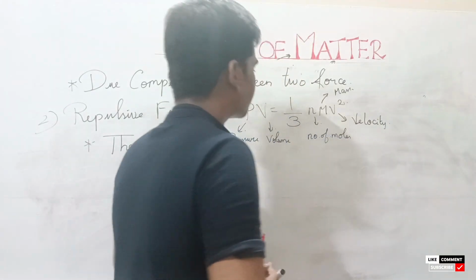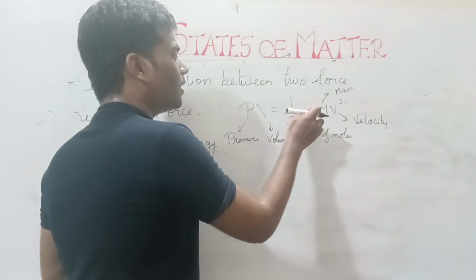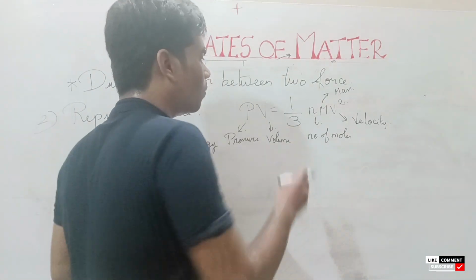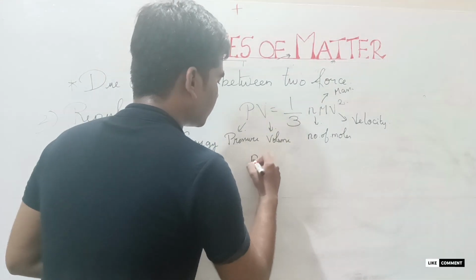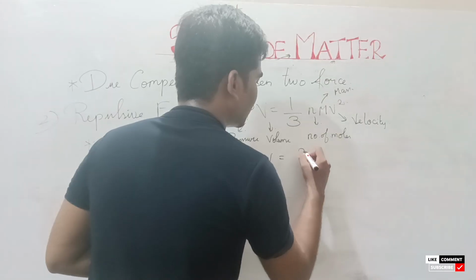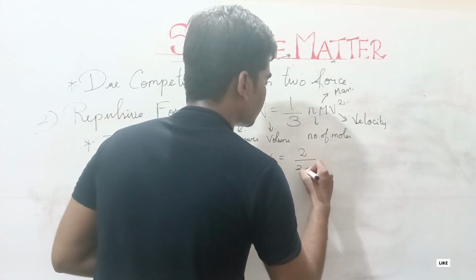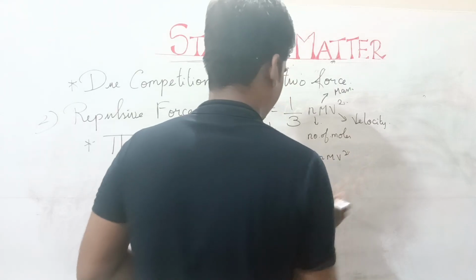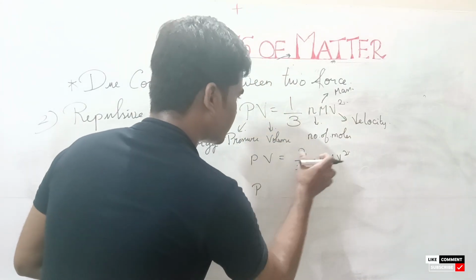So my dear friends, if I multiply and divide the right-hand side by 2, what will I get? I will write it here. I just multiply and divide this by 2, and I get this equation. Can I separate this part?